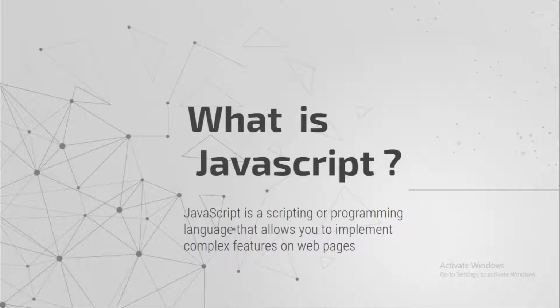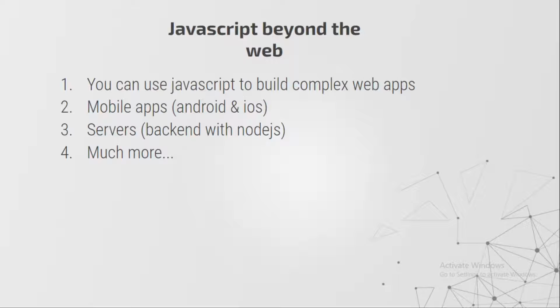This video is gonna be the first video in a series where we will learn JavaScript. JavaScript was originally made to run on browsers such as Google Chrome, Safari, and Firefox, etc. But now JavaScript has evolved, and alongside building complex web apps, you can also build mobile apps that run on Android and iOS devices with frameworks such as React Native, and you can write server-side scripts and build your backend with an environment called Node.js.